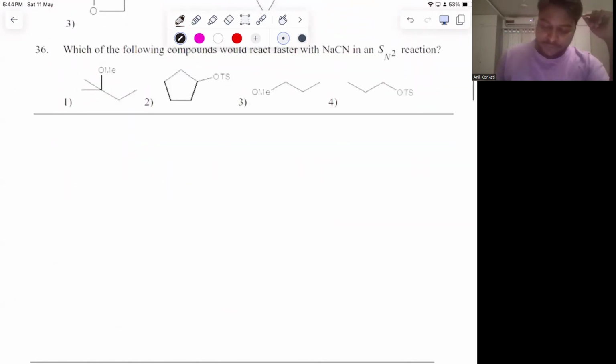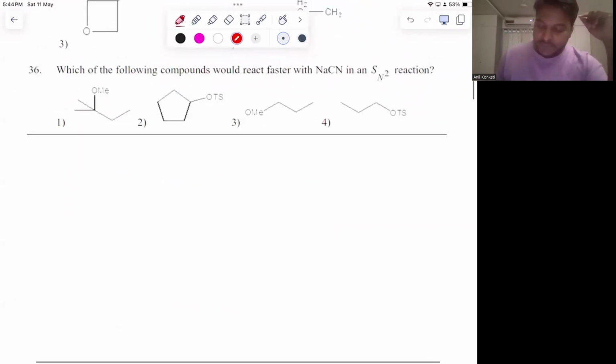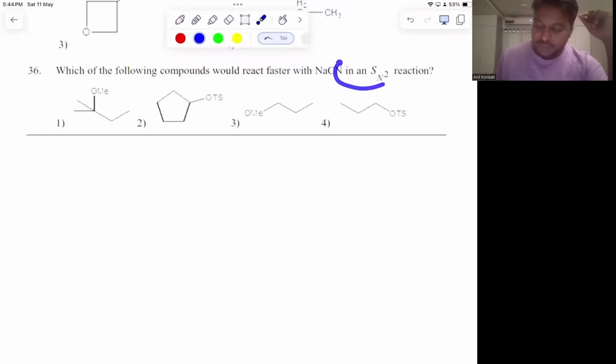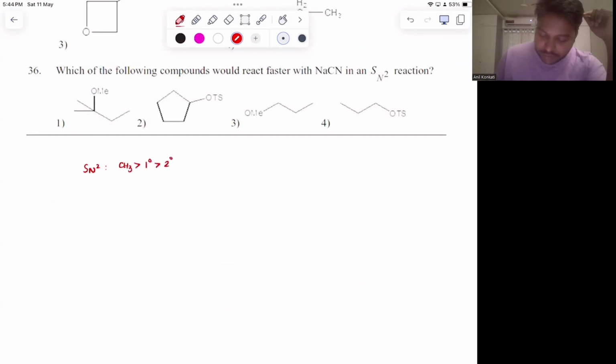Next, 36. Which of the following will make NaCN faster reaction? For SN2, methyl is going to make a faster reaction than 1 degree, 2 degree, 3 degree. So you can see first one is 3 degree, so no SN2.